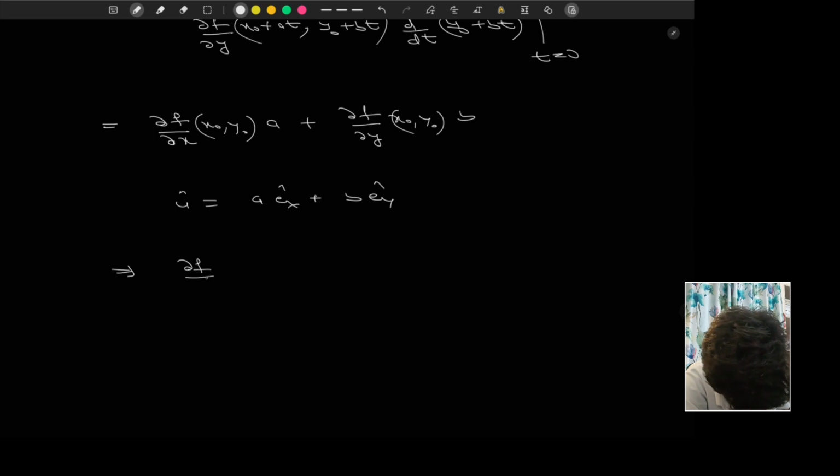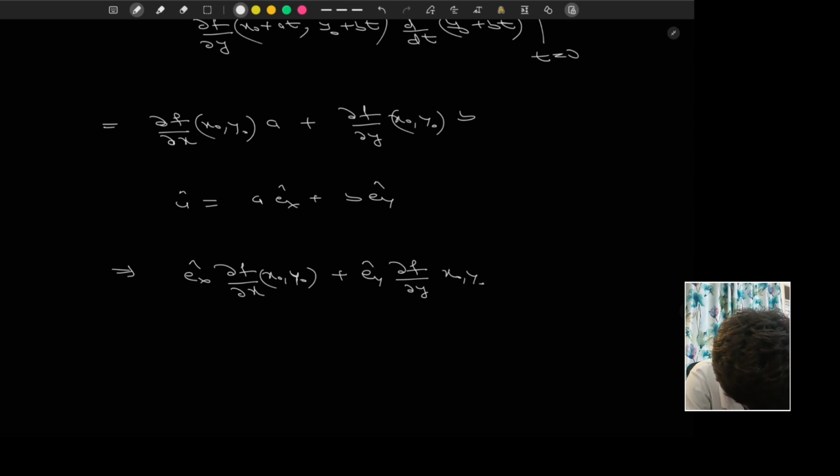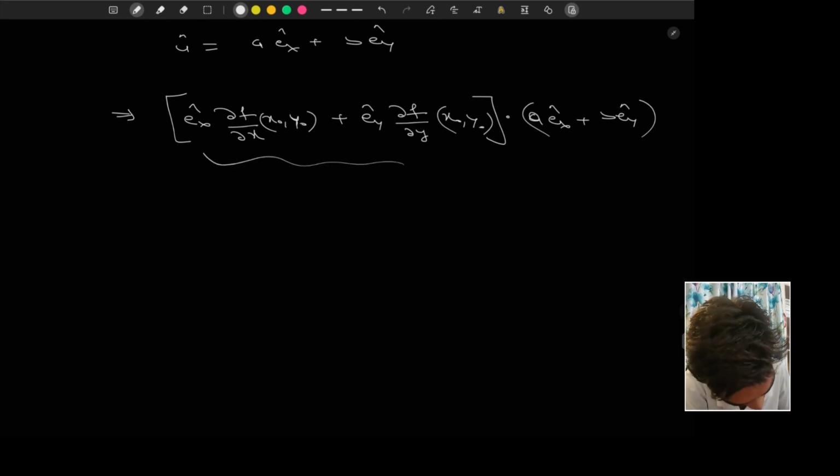I can write this as df by dx ex plus df by dy ey, at x0 y0, dotted with a ex cap plus b ey cap, and this I call the gradient of f at x0 y0.